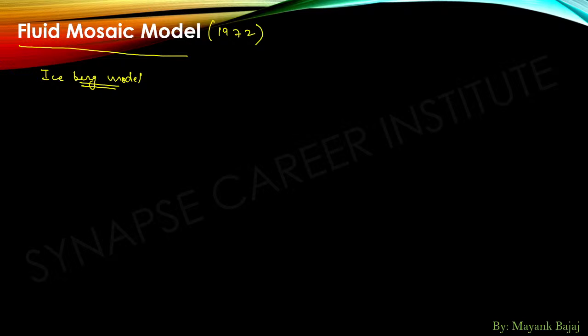Why is it called the iceberg model? The scientists who gave it were Singer and Nicolson. I'll say again, Singer and Nicolson, because this is very important. Singer and Nicolson in 1972 proposed the fluid mosaic model, which is also called the iceberg model.